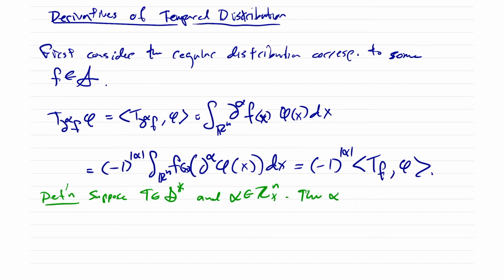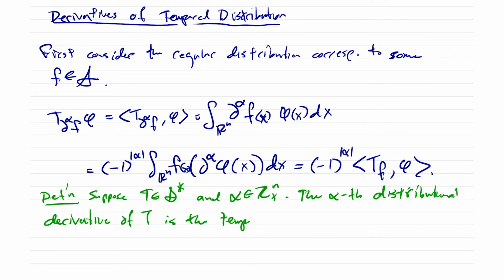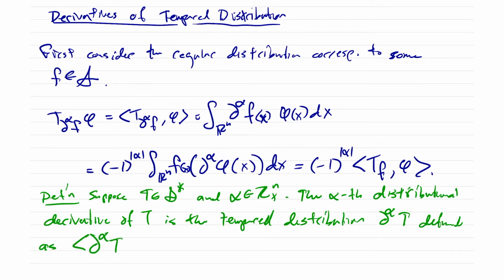The alpha distributional derivative of T is the tempered distribution D^α T, this is a notation, defined by <D^α T, phi> = (-1)^|α| <T, D^α phi>.